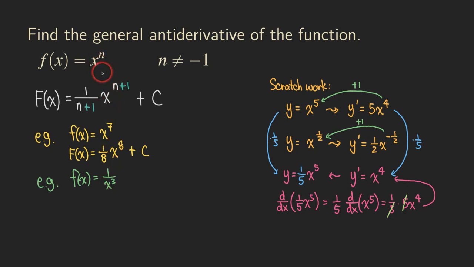It's not in the right form, right? So that's correct. That's not in the right form. So to reverse the power rule, we actually need to rewrite this as x to some power. And to do that, we can actually use negative exponents. So we have x to the -3. Okay, now as long as this exponent is not equal to -1, then we can apply this formula right here.